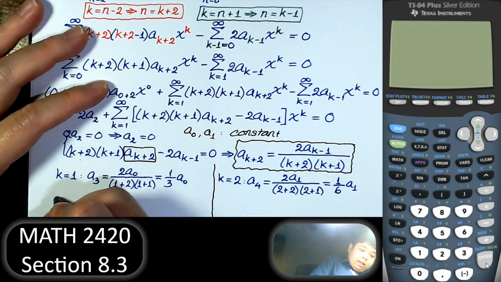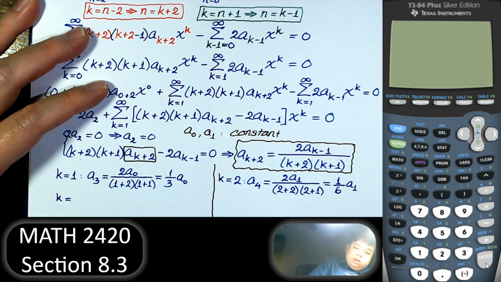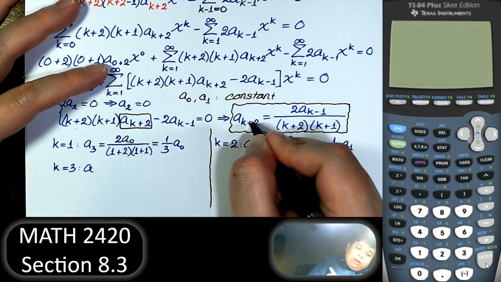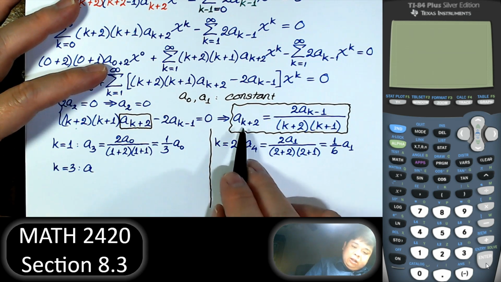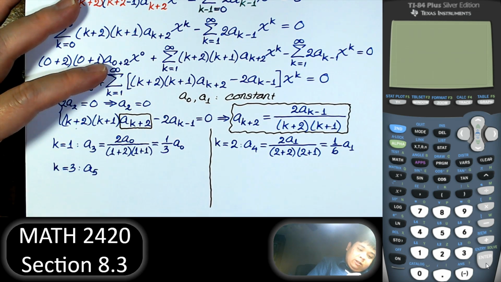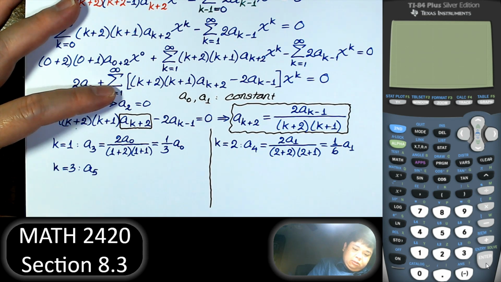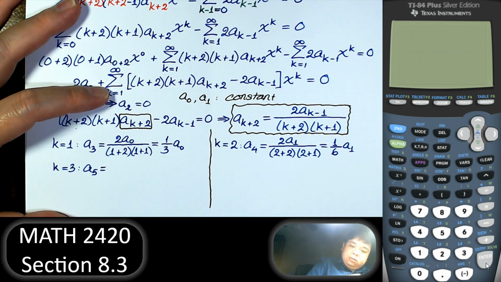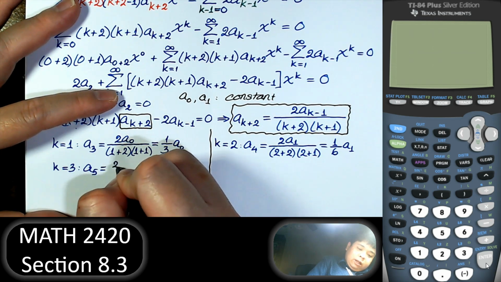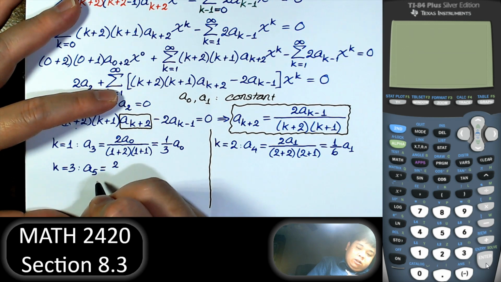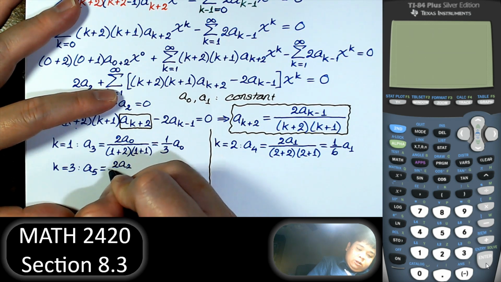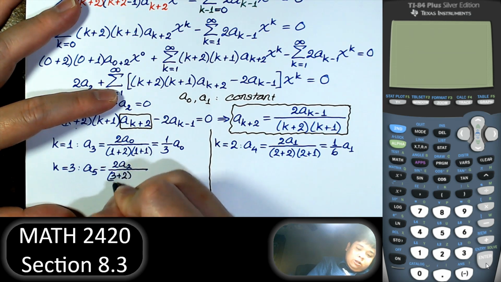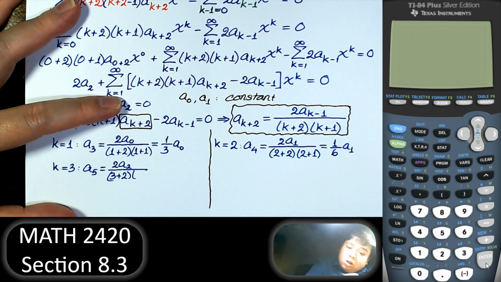Right. K equal to 3. That gives us a5. K equal to 3, 3 minus 1, a2, over 3 plus 2 and 3 plus 1.